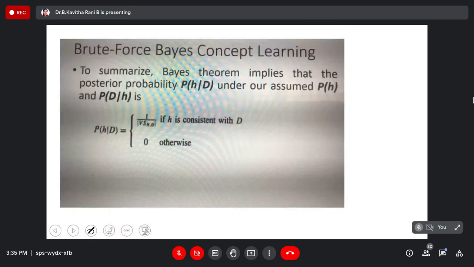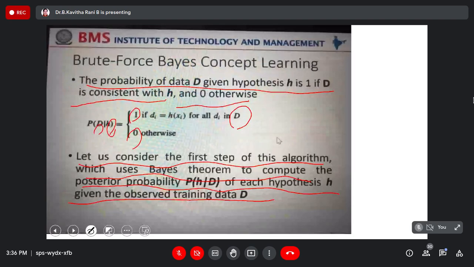Now we are recalling the formula P of H given D. If H is not consistent with D, then the probability of D given H will be 0. That is what we assumed. If 0 comes, the hypothesis is not consistent with the data.